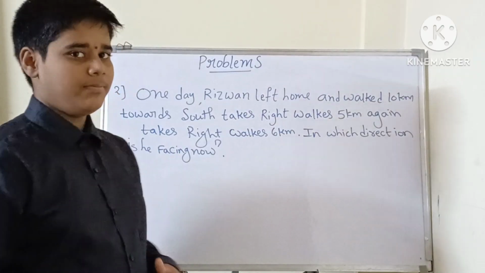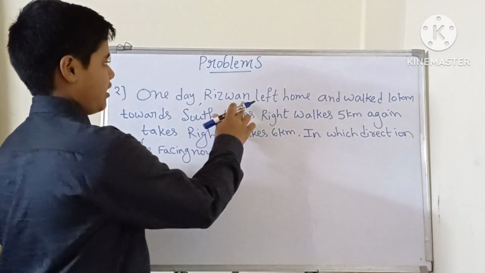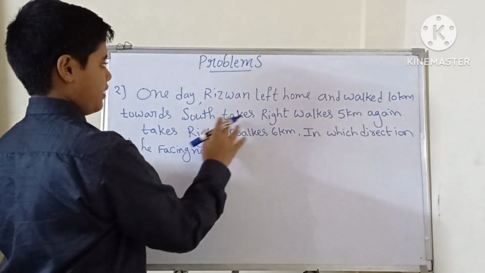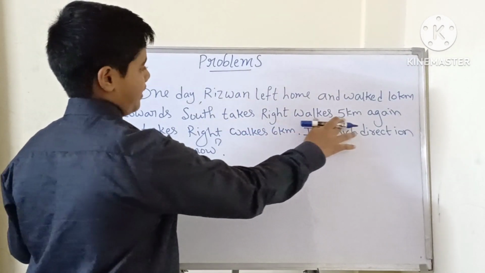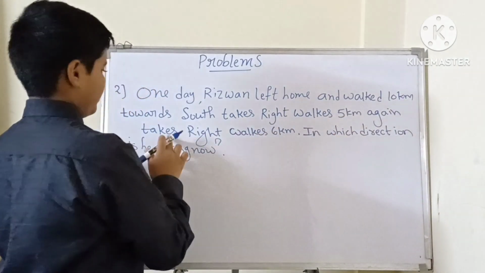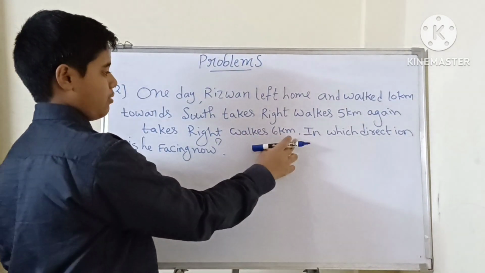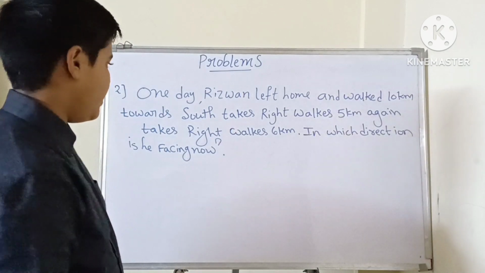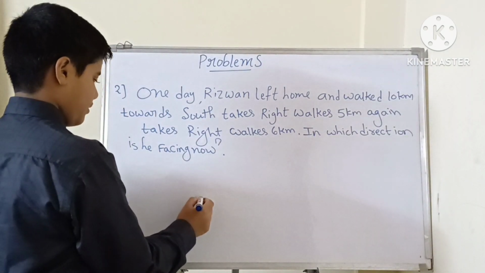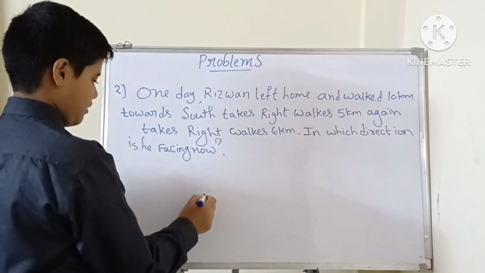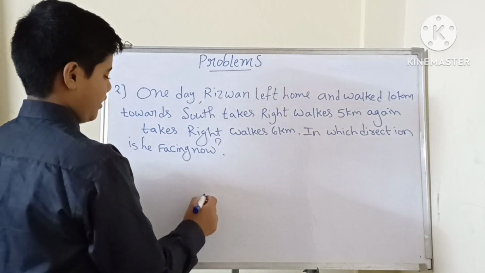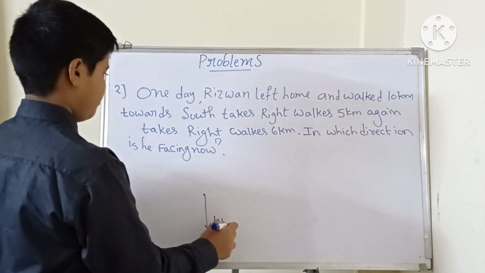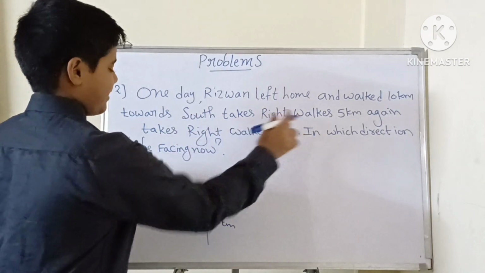And the second problem: one day Rizwan left home and walked 10 kilometers south, takes right and walks 5 kilometers, again takes right, walks 6 kilometers. In which direction is he facing now? Here I am taking this as Rizwan's house and he walks towards south 10 kilometers and takes right.